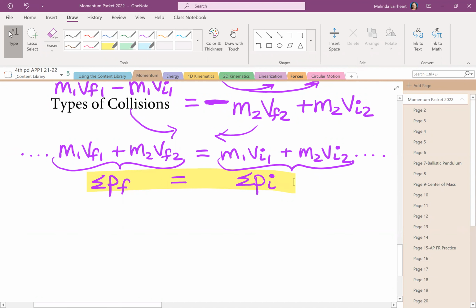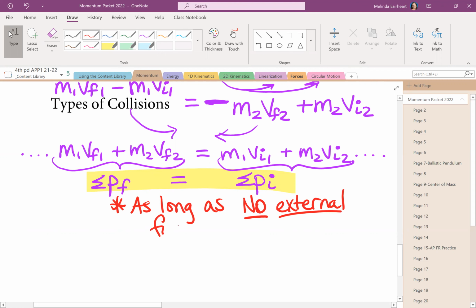It's the momentum that your system begins with equals the momentum that you end with. Of course, here comes the asterisk, here comes the clarifier. As long as there are no external forces on the system.